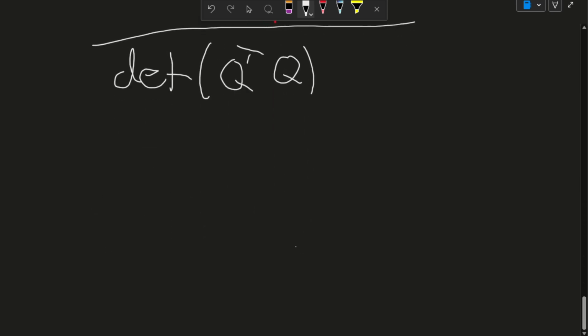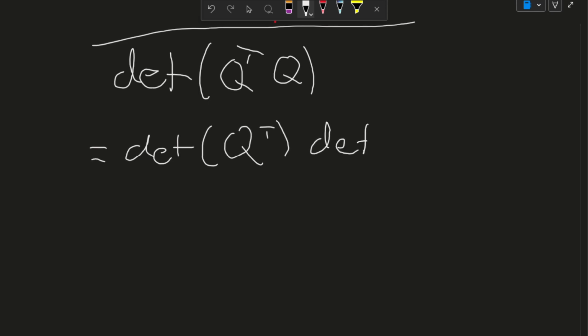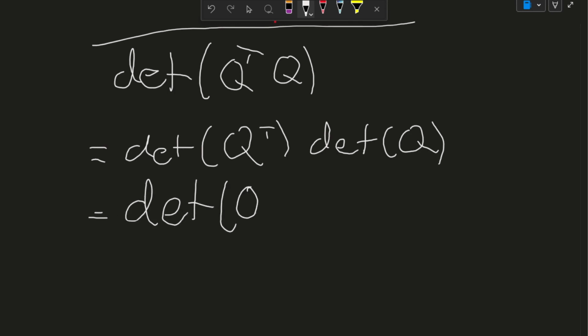So the determinant of a product of two matrices is equal to the determinant of the first matrix times the determinant of the second matrix. Now, one thing I didn't tell you is that the determinant of the transpose should be equal to the determinant of the matrix itself.